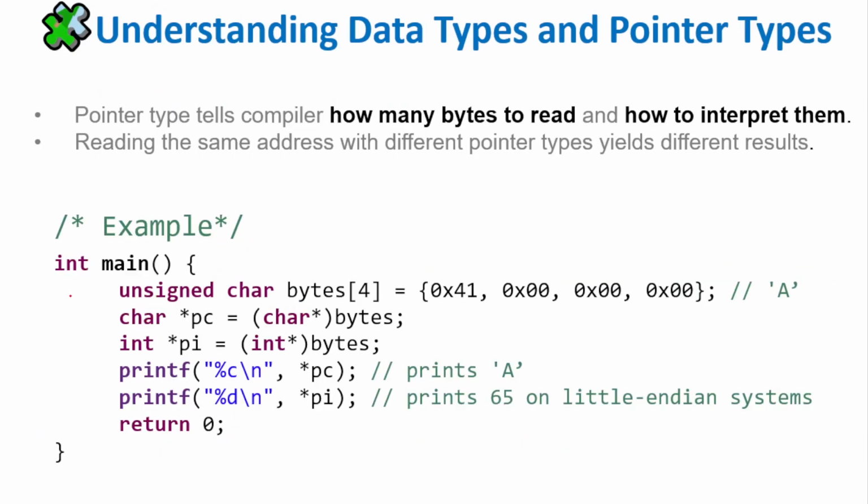Understanding data types and pointer types. Every pointer in C must have a specific type because the type determines how many bytes of memory should be read when dereferencing.